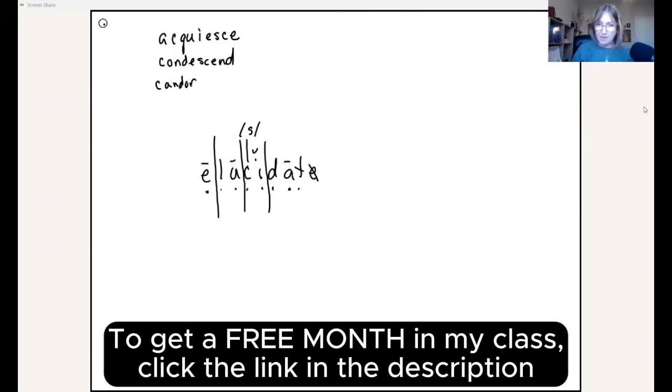So we have E. Then we go to the next syllable and start with the L. U, lu. Put the first two together. E is accented. Let me make sure I'm putting the accent in the right spot. If I have a 4-syllable word, the accent goes on the third one from the end. That would be this one right here. So I had the accent in the wrong spot. Let me change that.